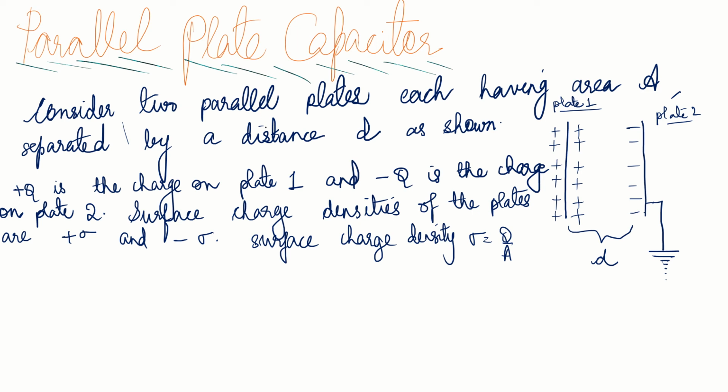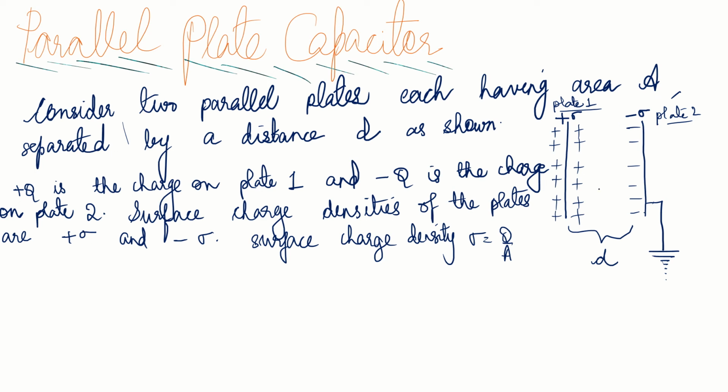So first we consider two parallel plates, each of them having an area A, separated by a distance D as shown. Here plus Q is the charge on plate 1 and minus Q is the charge on plate 2, and the surface charge densities of the plates are plus sigma and minus sigma.